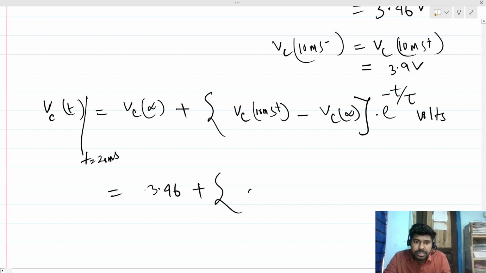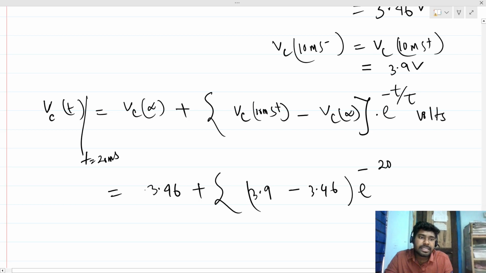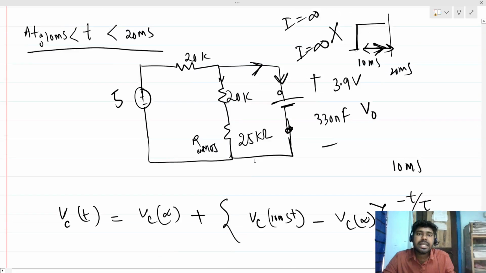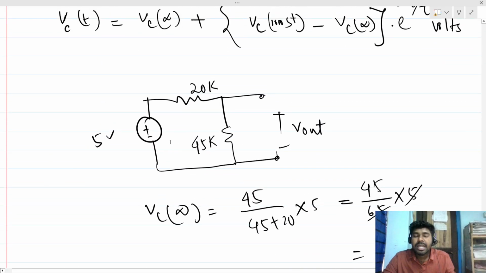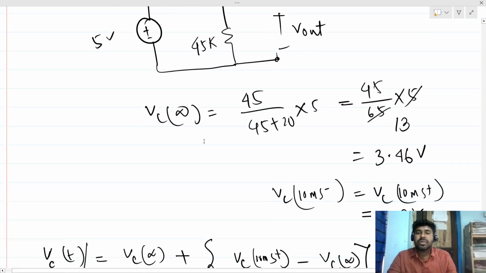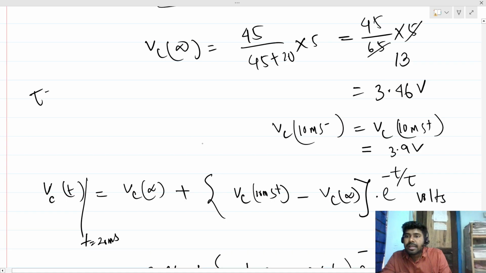So we will put 3.9 volt minus 3.46 volt, times e power minus t, which is 20 millisecond, divided by tau. Now here tau has changed, right? What is the tau in this case? To find the time constant, we need the equivalent resistance and equivalent capacitance. So here tau is R equivalent times C equivalent.